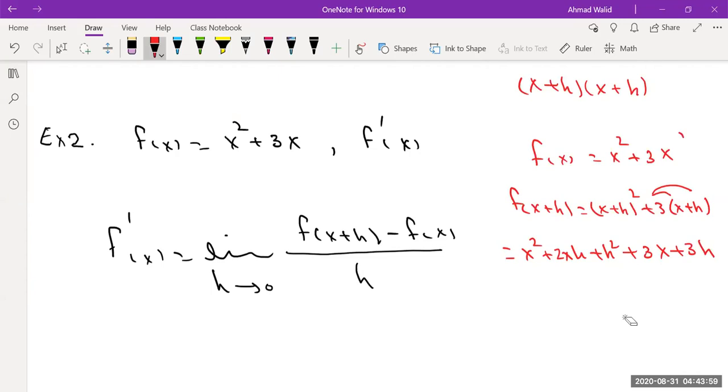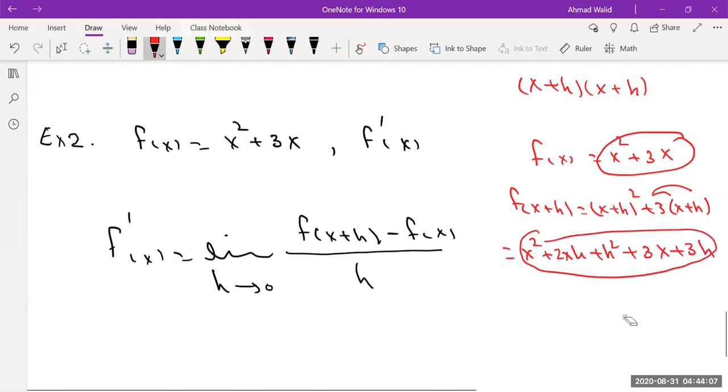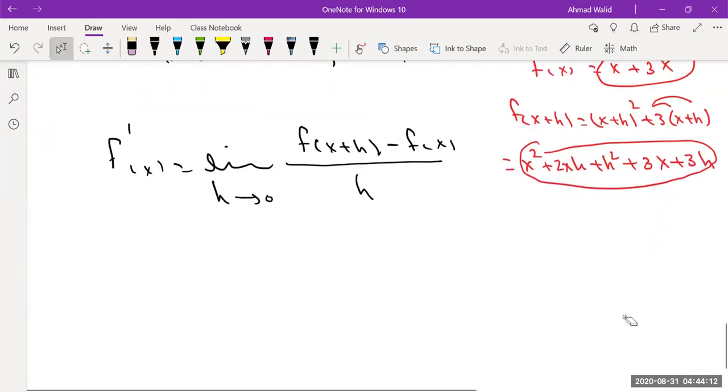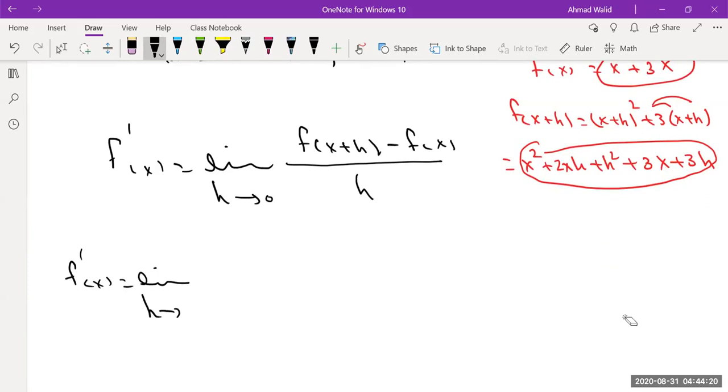Also, what is f of x? Here, this is your f of x. I'll plug in this one and this one in my formula, and I'll simplify. I can find f prime x easily, right? Then I can write f prime x equals limit as h approaching 0, f of x plus h is this long, x squared plus 2xh plus h squared plus 3x plus 3h minus f of x.